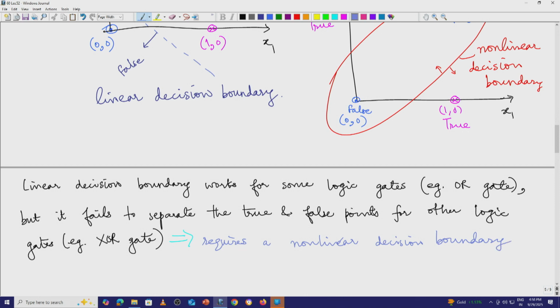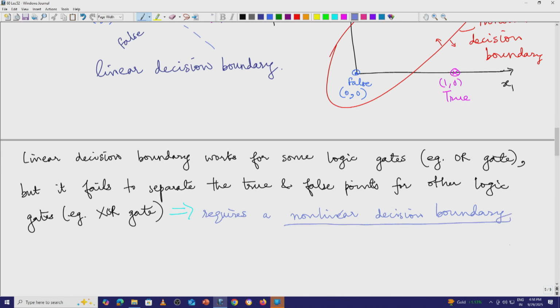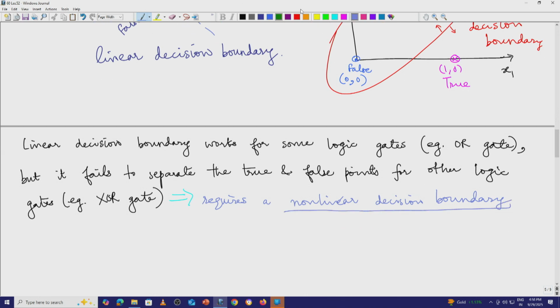And how is this non-linear decision boundary implemented as part of a neural network? Essentially you will have to rely on a hidden layer inside the neural network.